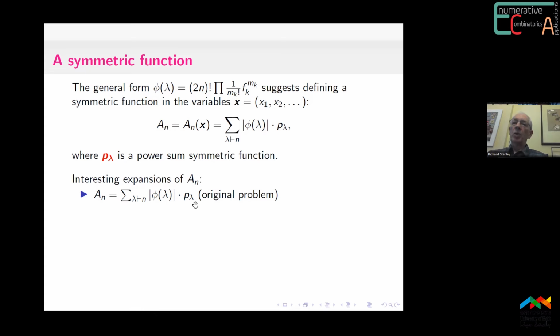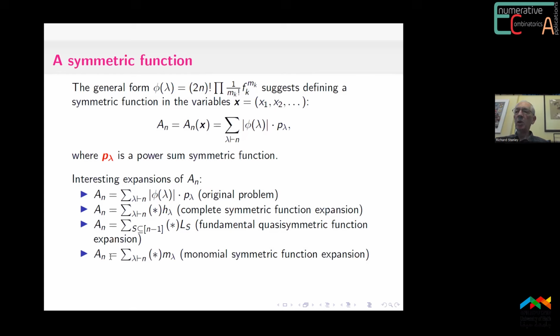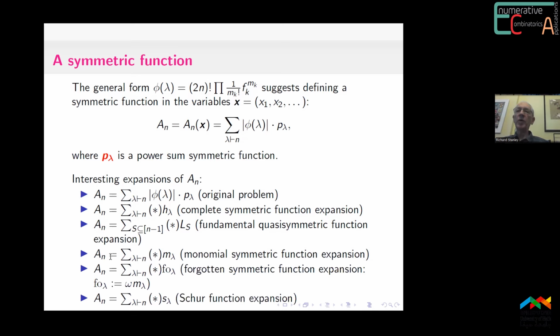In particular, we want to understand the expansion in terms of the power sums, because that, by definition, is our original problem of understanding phi lambda. It turns out that we can say something interesting about the h lambda expansion. This star just means some coefficient. The expansion in terms of fundamental quasi-symmetric functions, in terms of monomial symmetric functions, in terms of forgotten symmetric functions, and in terms of Schur functions, we can say something about all of these expansions.